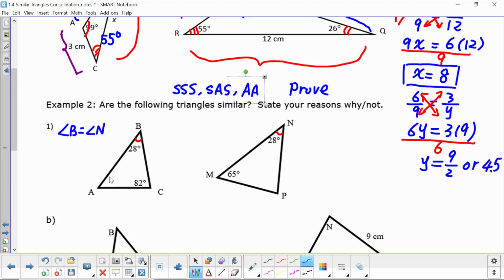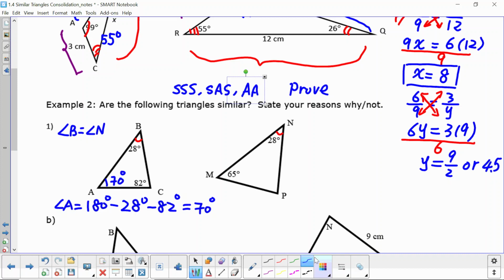In order to find this angle, we are going to apply the sum of interior angles for a triangle is 180 degrees. So we find angle A will be 180 minus these two angles. Then we do the calculation, you will find out it's 70 degrees.